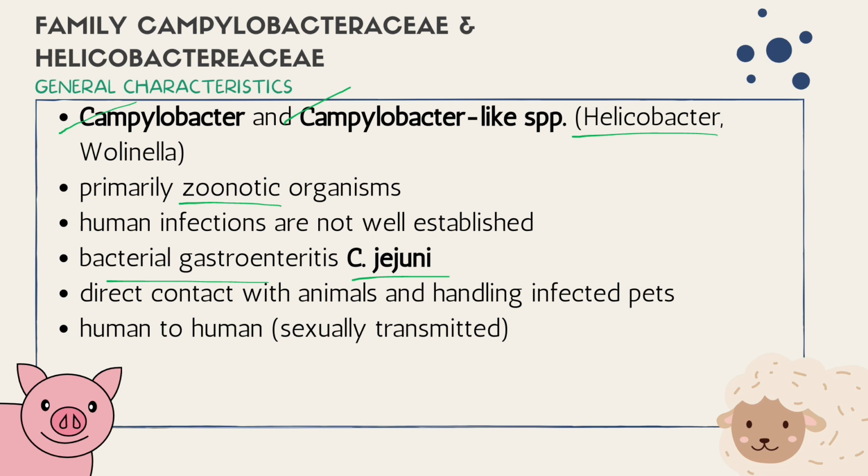The common mode of transmission for these particular organisms is direct contact with animals and handling infected pets. There are some cases also where humans acquire these organisms, usually by sexually transmitted mode.